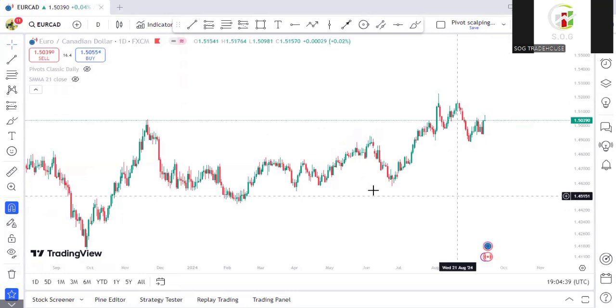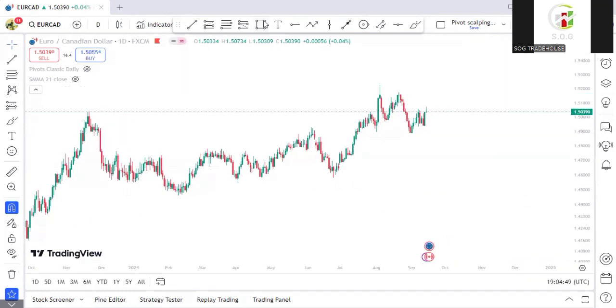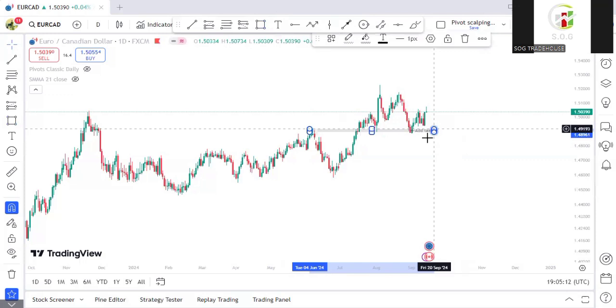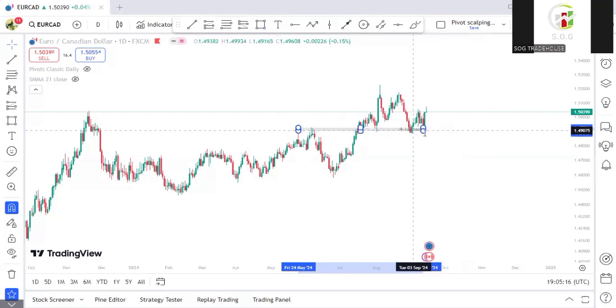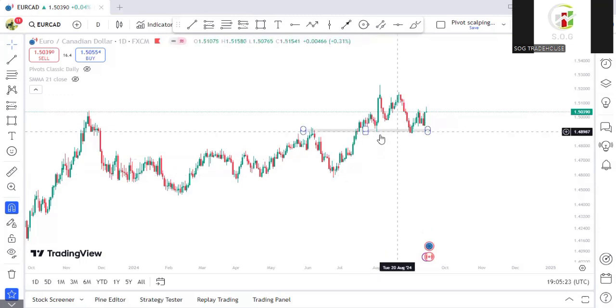On the daily time frame, we can see EURCAD respecting this level of support over here.